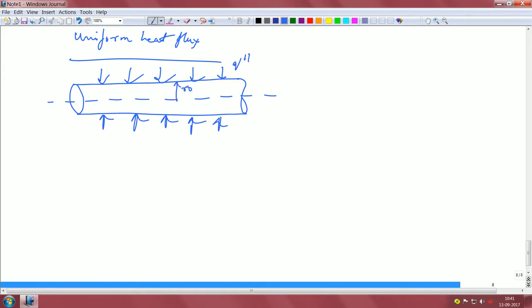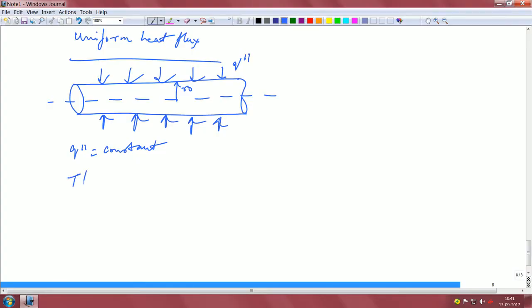This is a fully developed temperature profile that you have to find out. Q double prime is a constant, this is the uniform heat flux case. We have said nothing about the wall temperature. Here the wall temperature is not a constant. Wall temperature is still given by T naught, but it is not a constant. We will see what that wall temperature is.